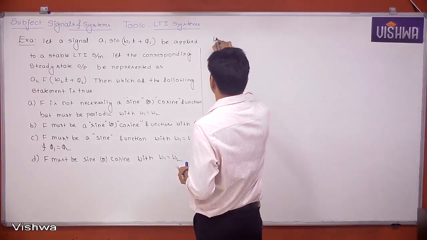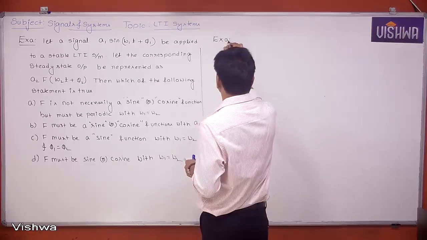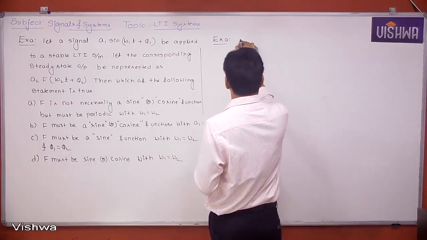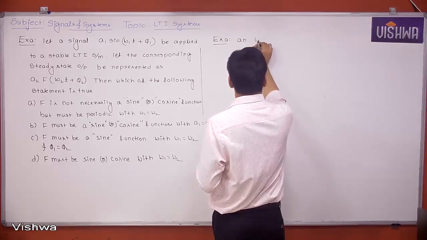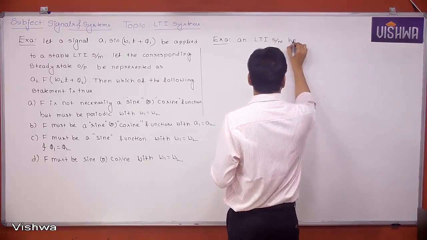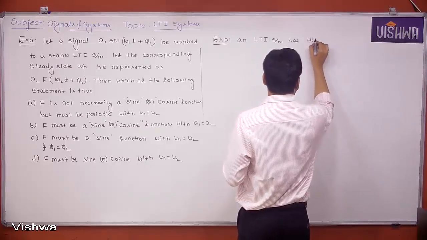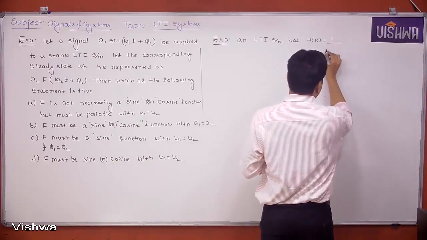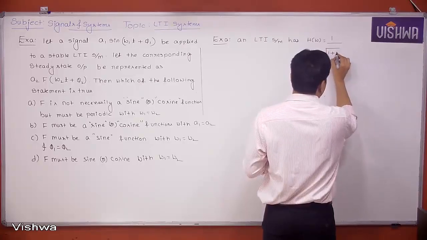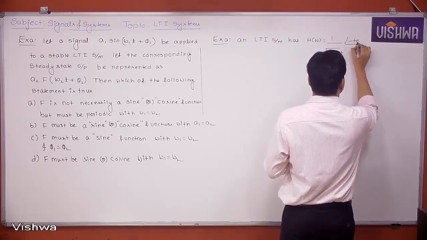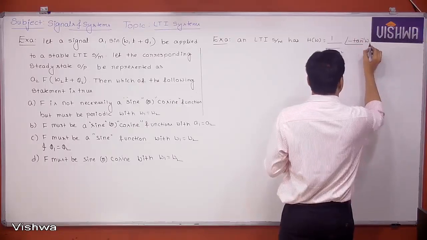Next example. An LTI system has H of omega equal to 1 by root of 1 plus omega square, angle minus tan inverse omega.